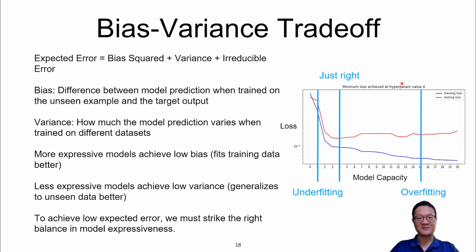So that basically led to overfitting and underfitting. And ideally, we would like to achieve low expected error, so just right. That means we need to choose the right model expressiveness to achieve both small bias as well as small variance.